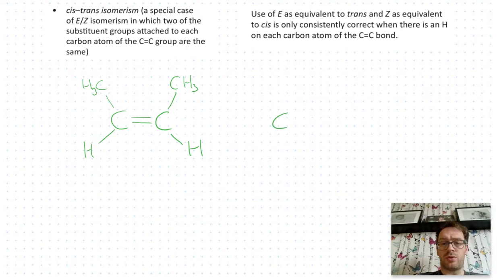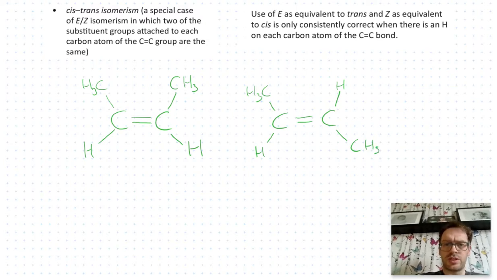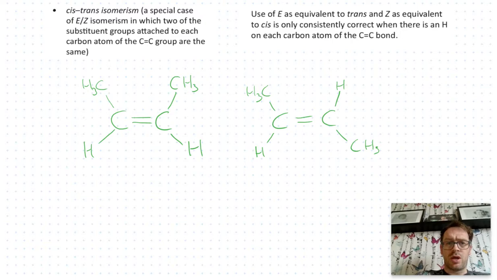So the two examples here for this is butene would be these two. So hopefully you remember with a cis isomer, your identical groups are on the same side of the double bond.